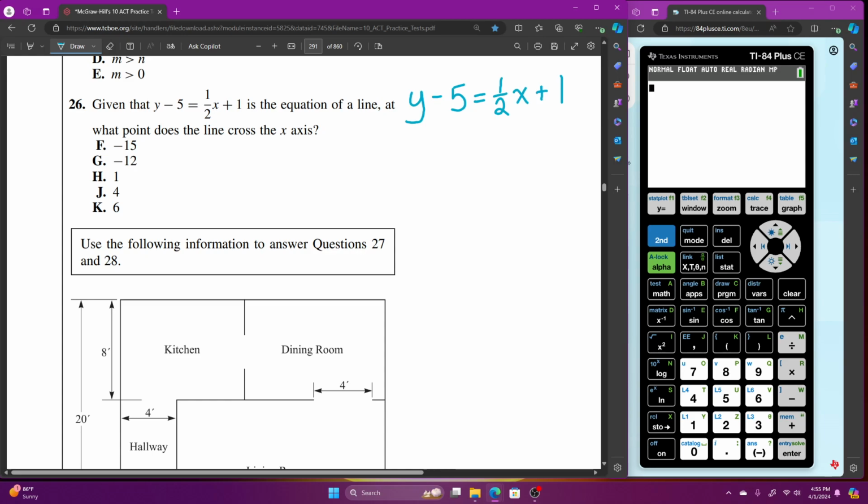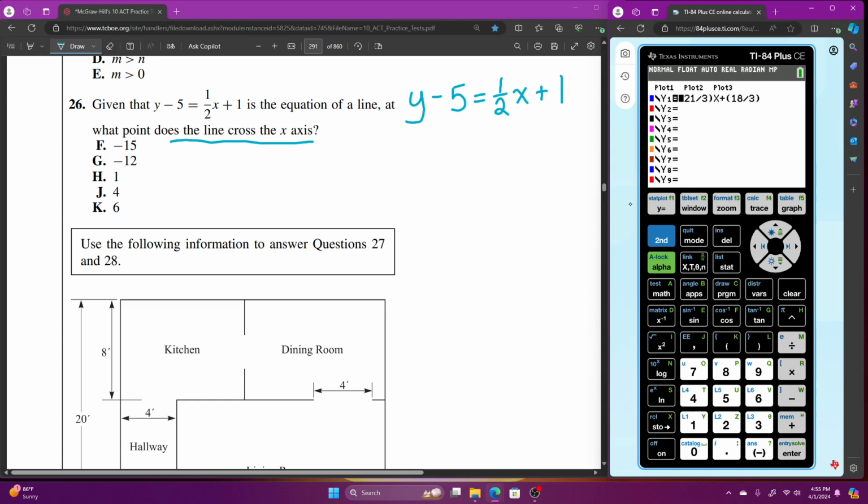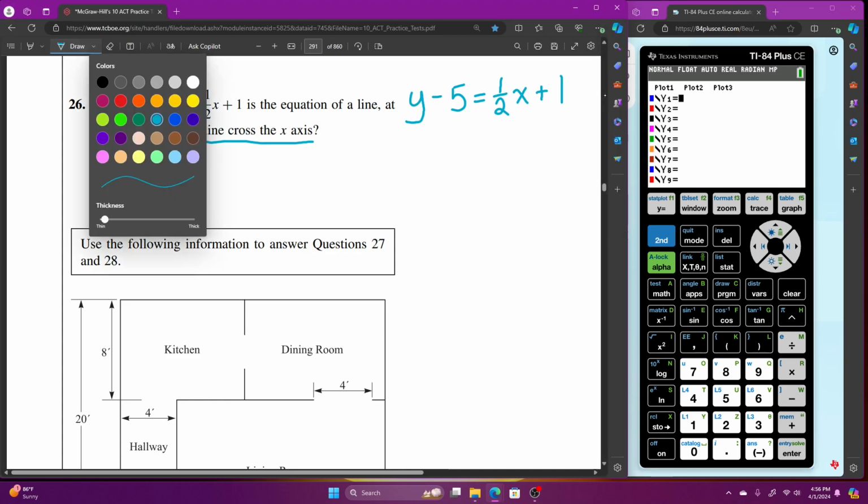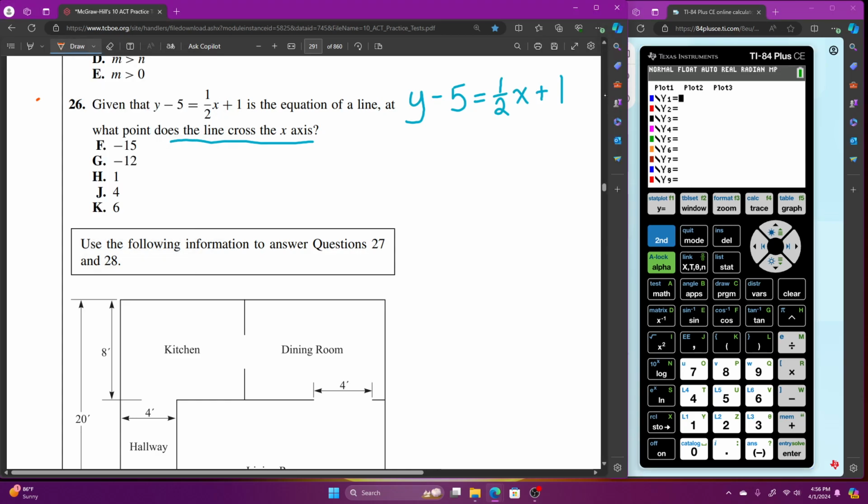So let's look here, right? I just gave a big hint. What's our first step? I want to look at the graph and see where it crosses the x-axis. In order to do that, let me clear out my old graph. I need my y to be on the side of the equal sign only by itself. I need to get rid of my minus 5. How do we get rid of a minus 5 to cancel it to 0?